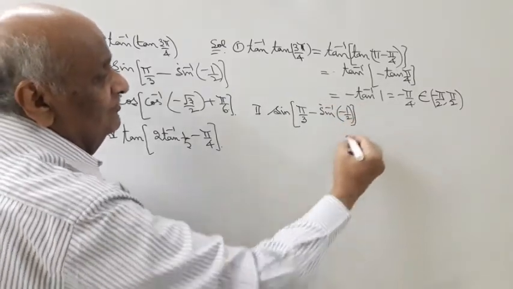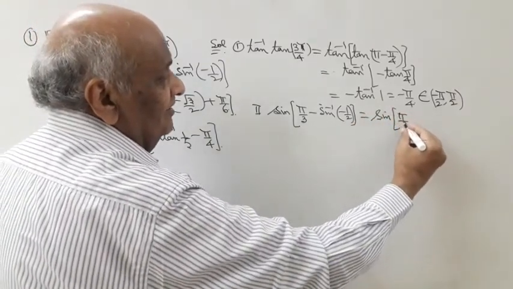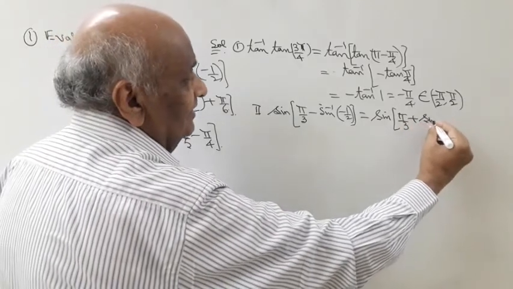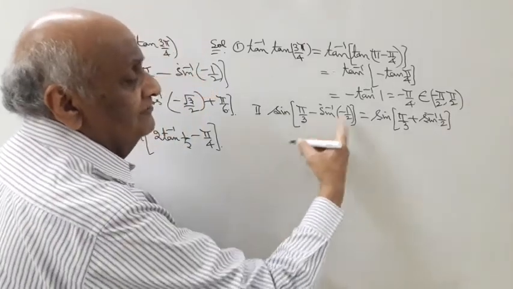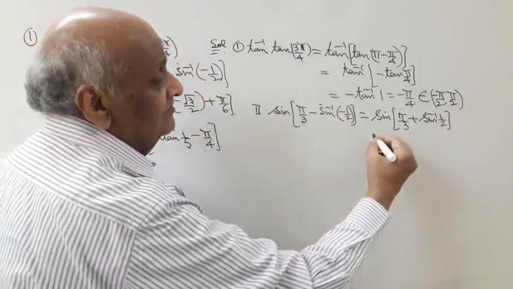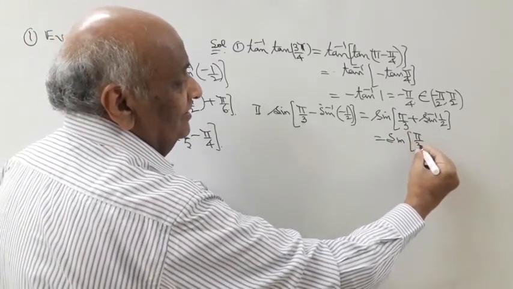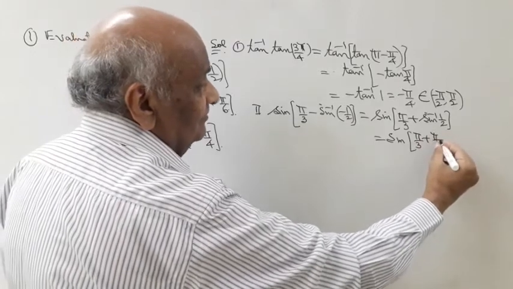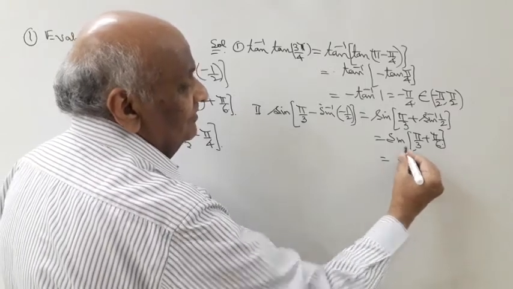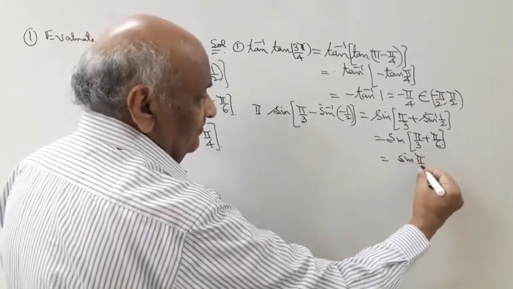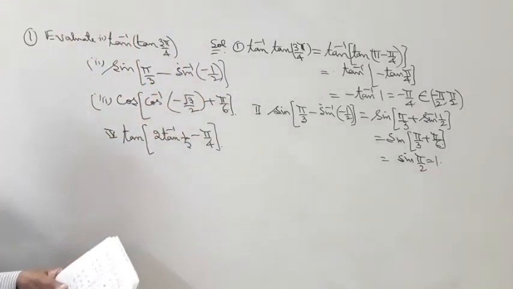Now see, this is equal to sine of pi by 3 plus sine inverse of half, because sine inverse of minus theta is minus sine inverse of theta. It is sine of pi by 3 plus pi by 6. Sine 30 is half. So it becomes just sine of pi by 2. The value is equal to 1. This is for the second part.